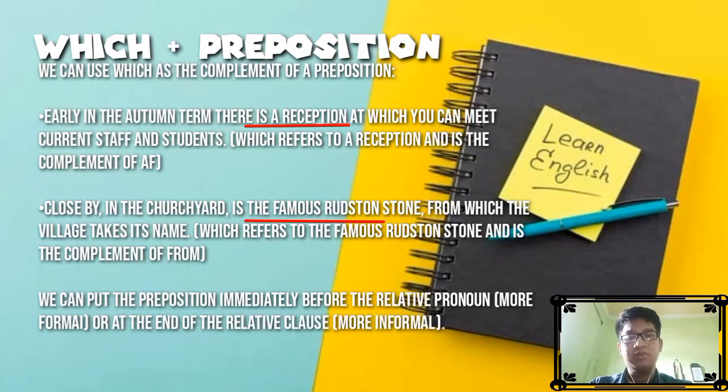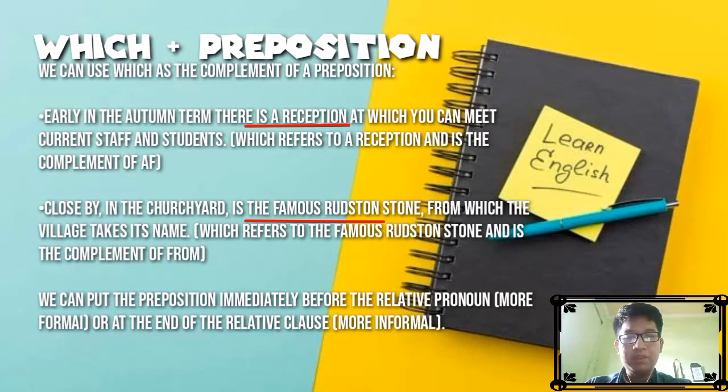Example number 2. Close by, in the churchyard, is the famous Redstone, from which the village takes its name, which refers to the famous Redstone and is the complement of from.